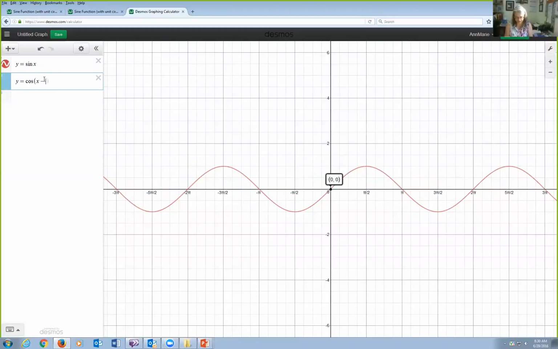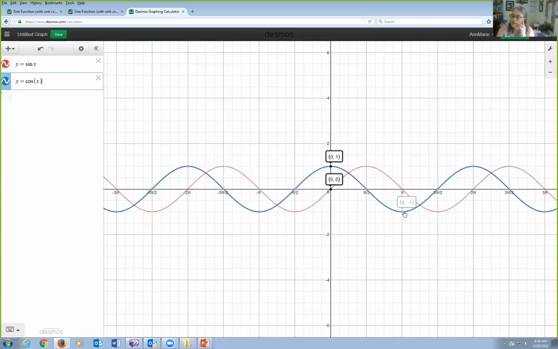So I need to subtract pi over 2 inside. And what just happened? My sine and my cosine lined up. So sine and cosine are just horizontal shifts of one another. They both have the same period.